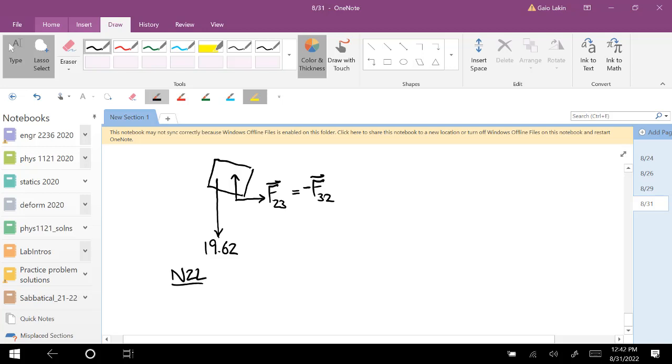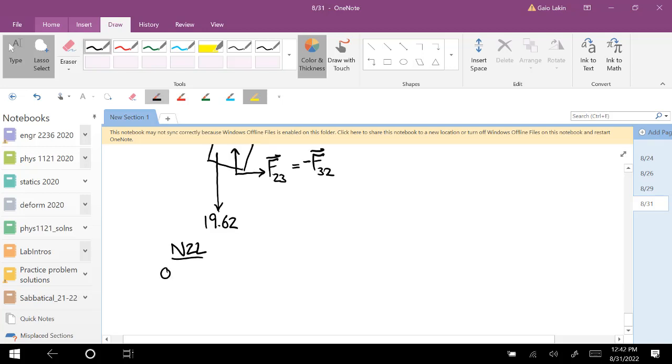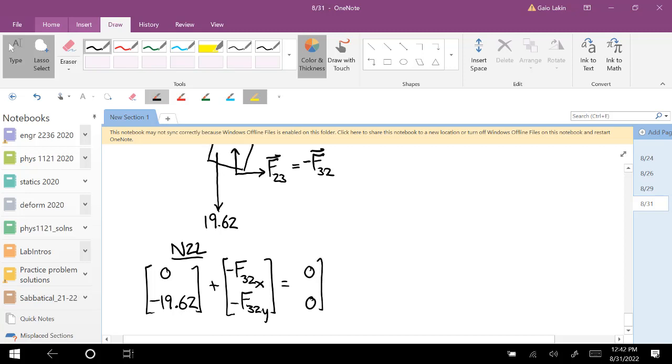Okay, so Newton's second law says 0, negative 19.62 plus negative F32x, negative F32y is equal to zeros.